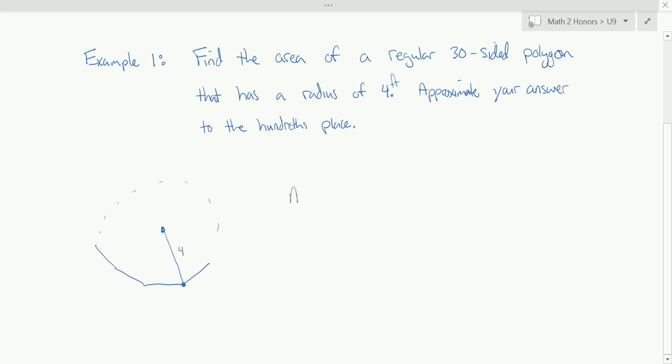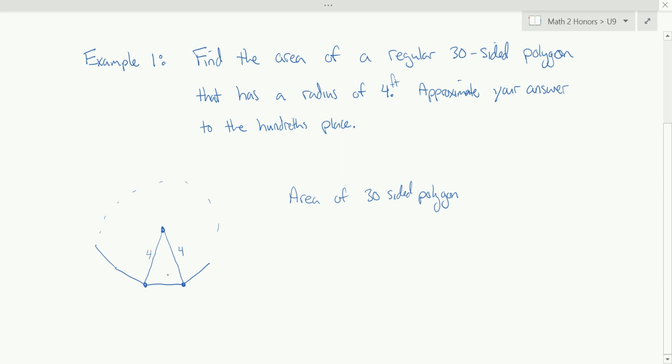I want to find the area of this 30-sided polygon. Well, our method is going to be to find the area of a triangle. And in particular, this triangle right here, which is an isosceles triangle, both side lengths of 4.